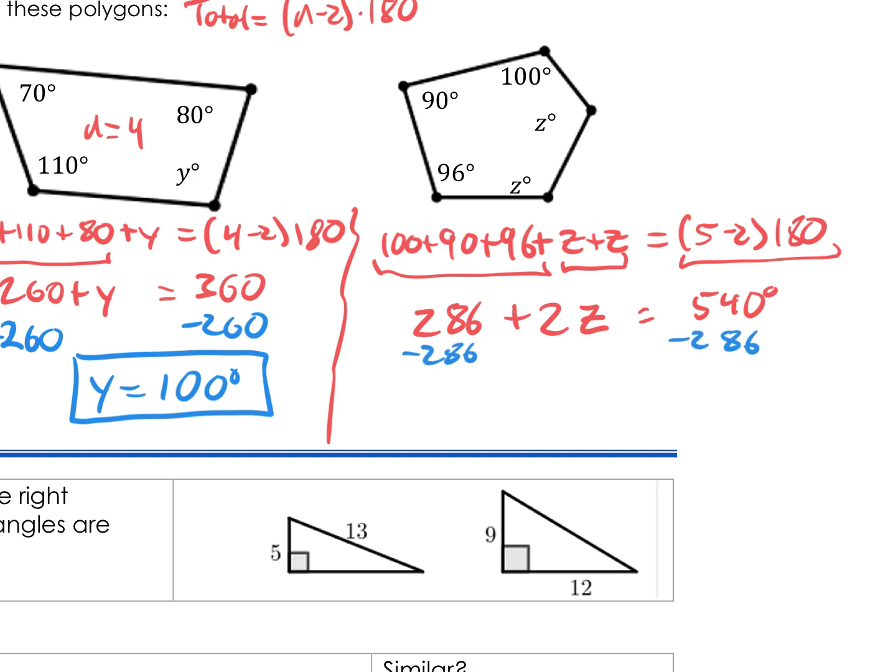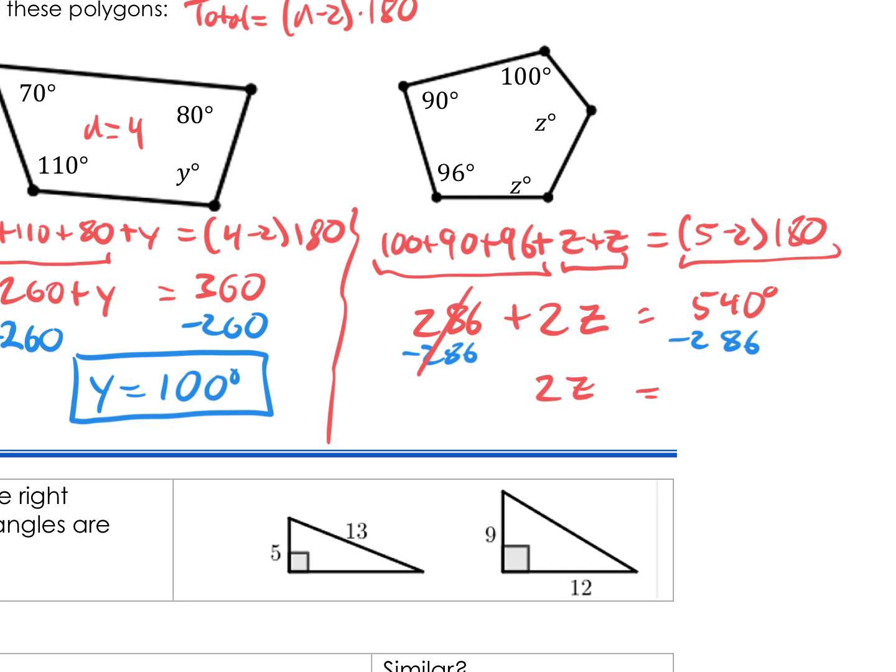286. If we subtract 286 here, we're going to get 2z on this side. That's going to go away. And we end up with, well, let's see. 540 minus 286.